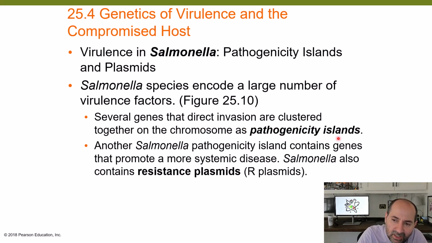Pathogenicity islands are clusters of genes necessary for virulence, right, for pathogenesis. Another Salmonella pathogenicity island contains genes that promote a more systemic disease, also containing resistance plasmids.